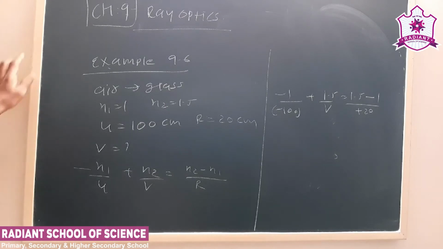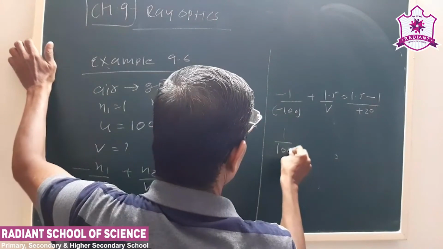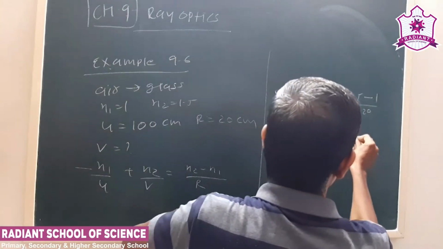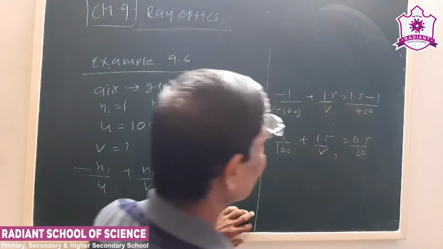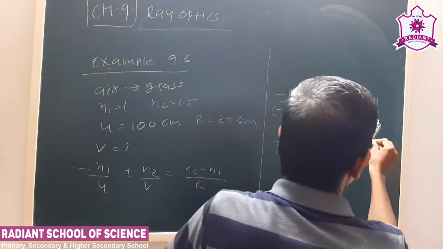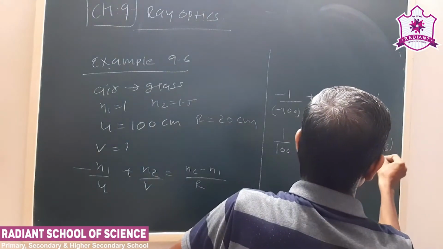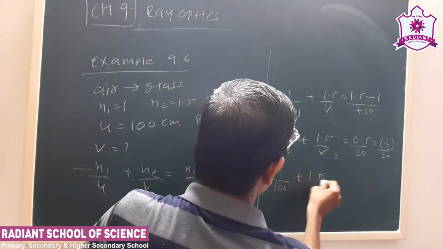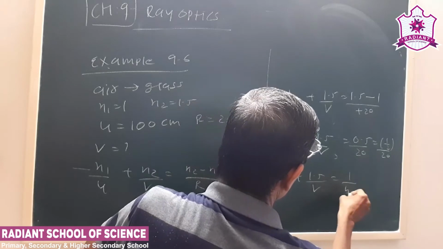Now, if we solve, see, this will be 1 upon 100 plus 1.5 upon v is 0.5 upon 20. Okay, see, 0.5 is 1 by 2. So the equation will become 1 upon 100 plus 1.5 upon v is 1 upon 40.